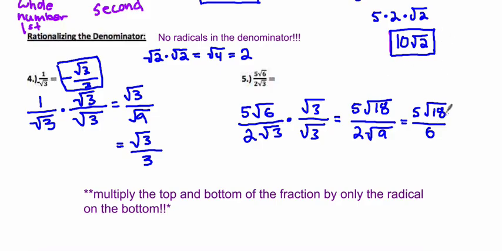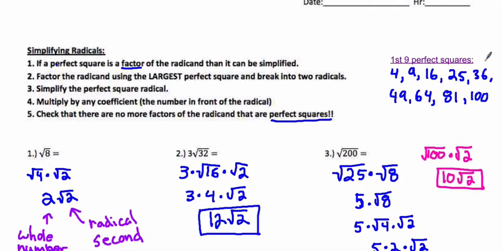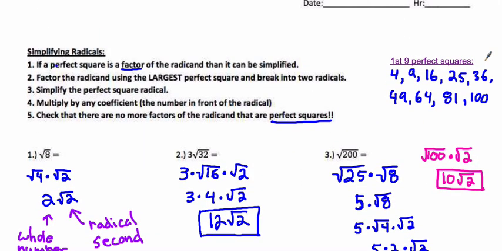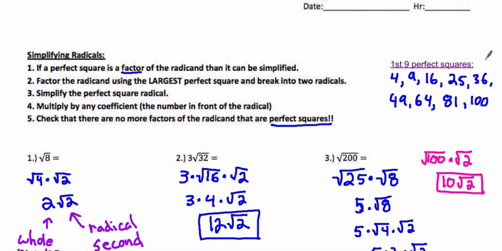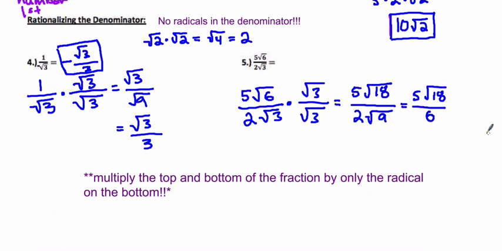Okay, so always check your radicals at the end. You should not have a radical in the denominator, and you should not have any perfect squares that divide into the radicals that you have. So for instance, 18 is divisible by, look up at our list again. Well, it's always nice to have that little list in front of you to check, but it's divisible by 9. So this is now going to become, I'll move it down here.